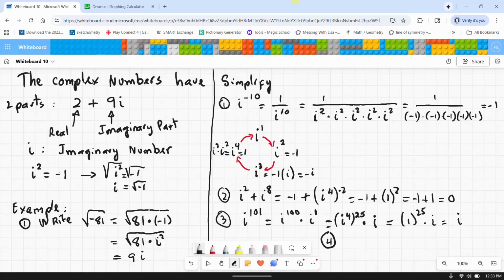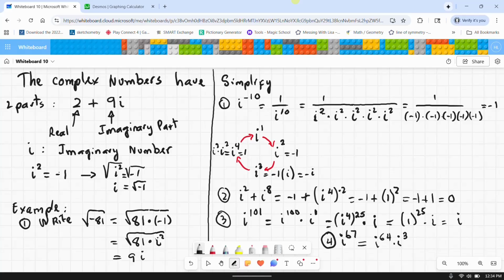Oh, and this is a bonus question. What about i to the 67? What is 60 divided by 4? That's 15, and 15 times 4 is 60, so 64, times i to the third power.